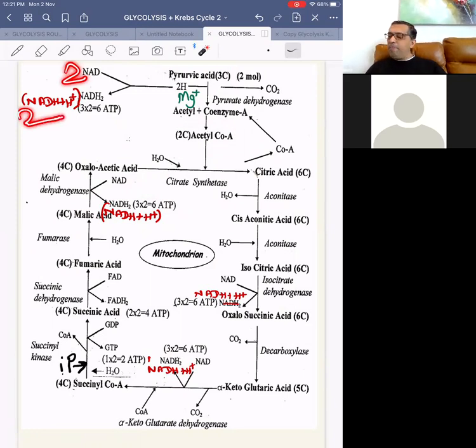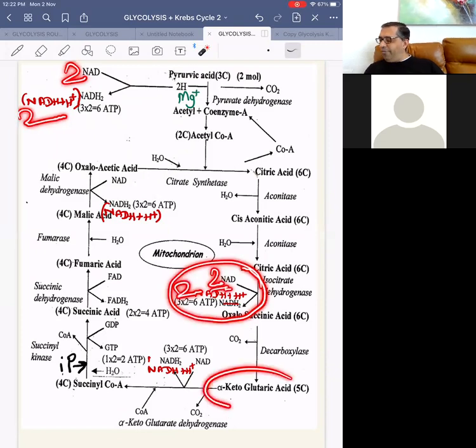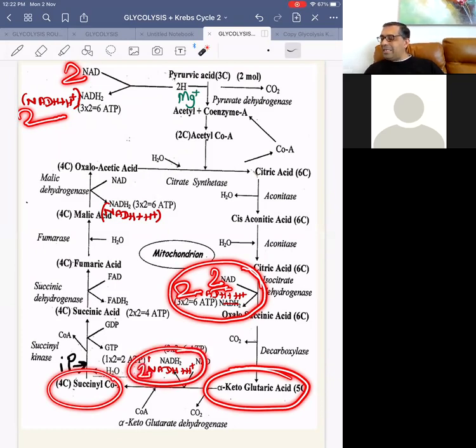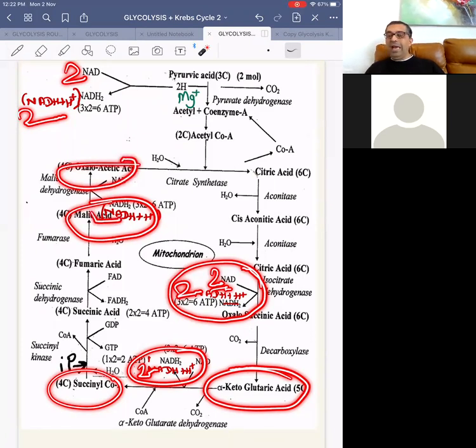And then during the Krebs cycle, in the conversion of citric acid to oxalosuccinic acid, two NADs give 2 NADH plus H plus, and then in the conversion of alpha ketoglutaric acid to succinyl coenzyme A, again we have 2 NADH plus H plus, and in the last step, malic acid forming oxaloacetic acid, we have again 2 NADH plus H plus.